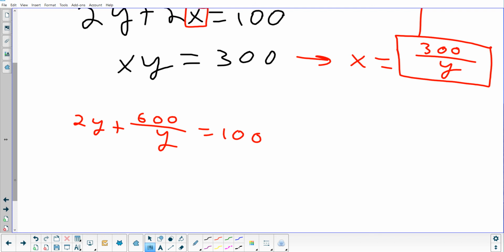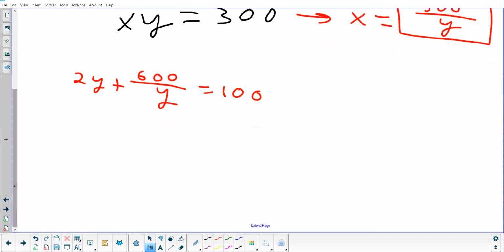John? Divide by 2. Divide by 2? Okay, so what do you get if you divide everything by 2? It's just y, right? Just y. Okay. Oh, it is equal to 50.